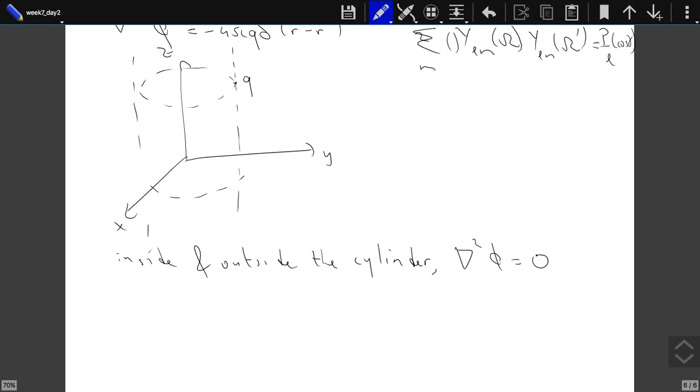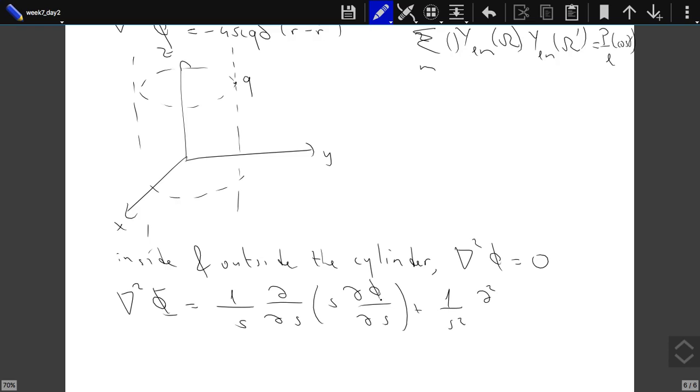Now let's write the most general solution in cylindrical coordinates. The Laplacian of phi in cylindrical coordinates is just 1 over, well, let me use the notation s, del by del s, s del phi by del s, plus 1 over s squared del squared phi by del phi squared, plus del squared phi by del z squared.